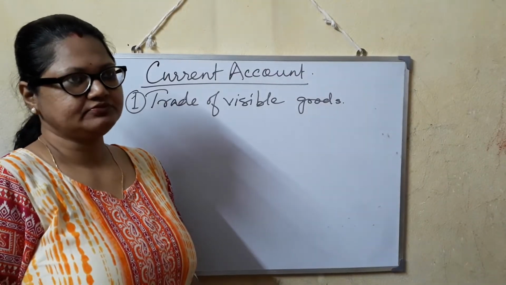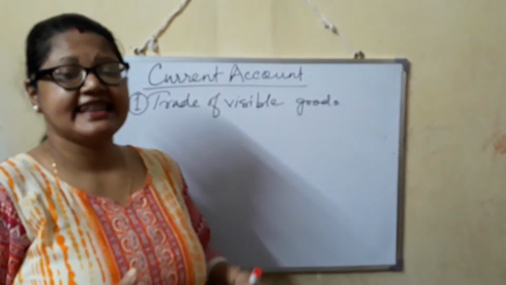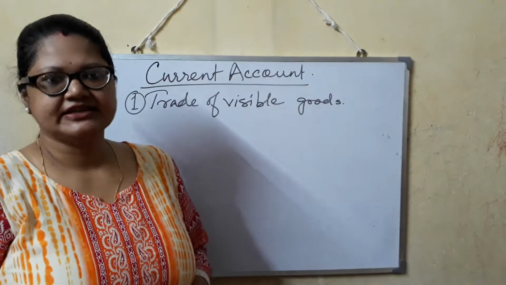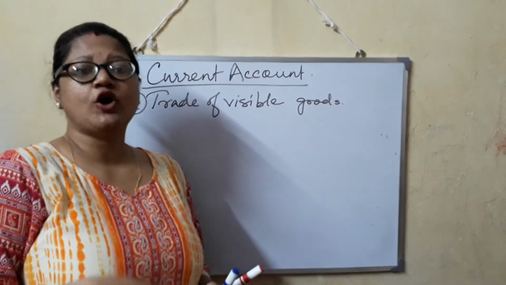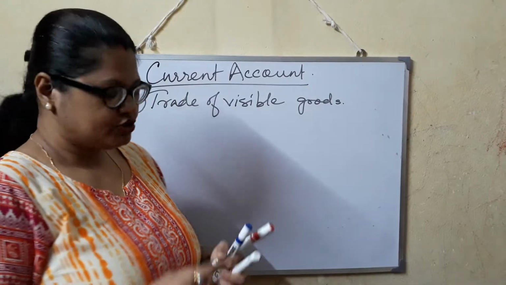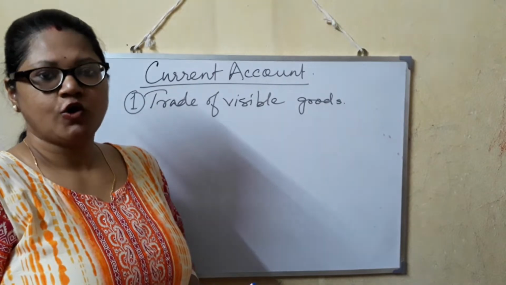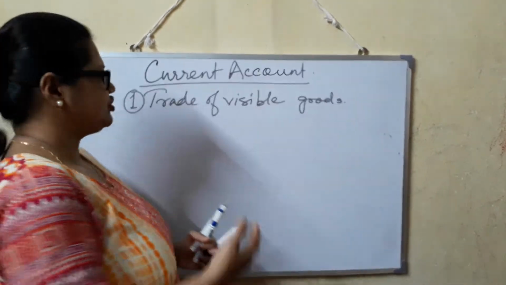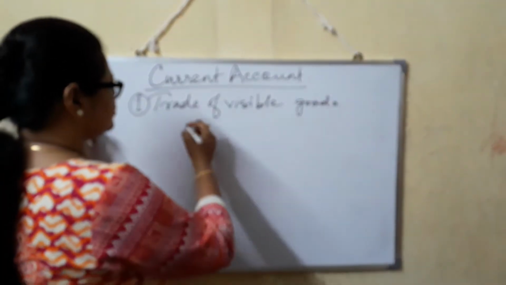Suppose we consider our country, India. India exports visible commodities or tangible goods like groundnuts, then tea, coffee, jute products, while it imports crude oil, engineering goods. So if there is a trade, that means export and import of visible commodities, we call it trade of visible goods. So under visible goods, what do we get?